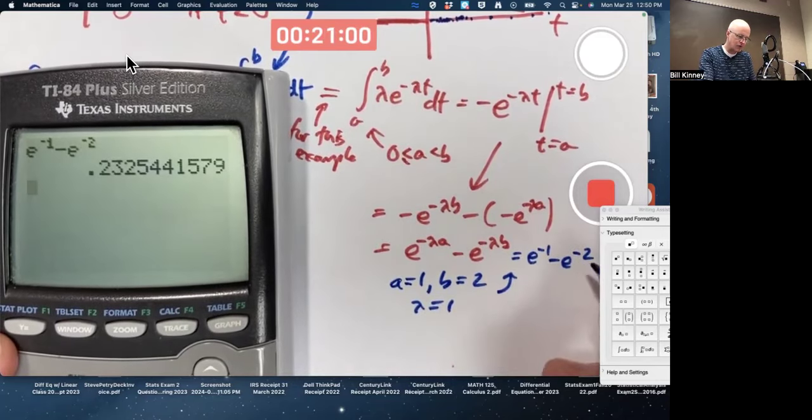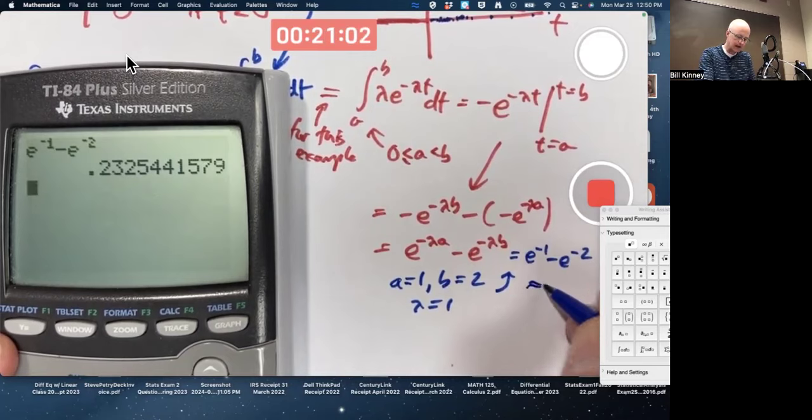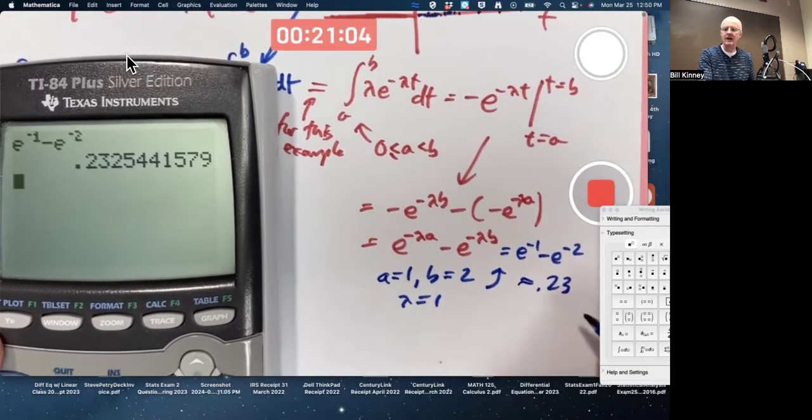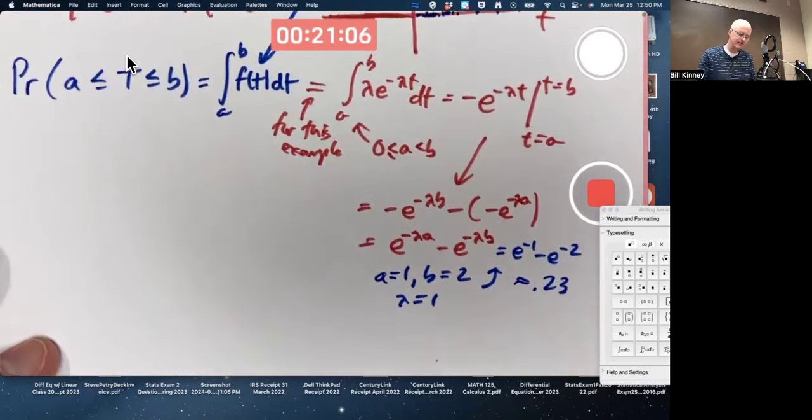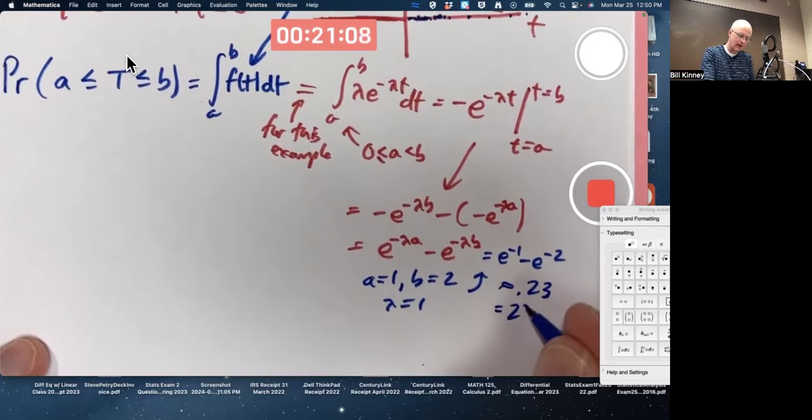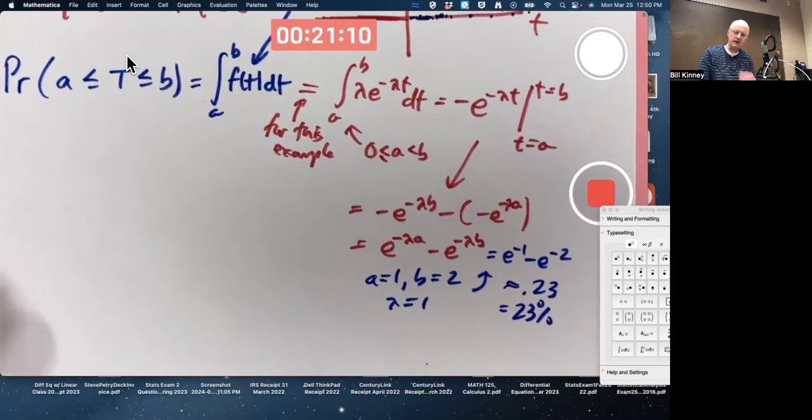It's about 0.23. About a 23% chance that if lambda is 1, you're going to get a value for the variable between 1 and 2.